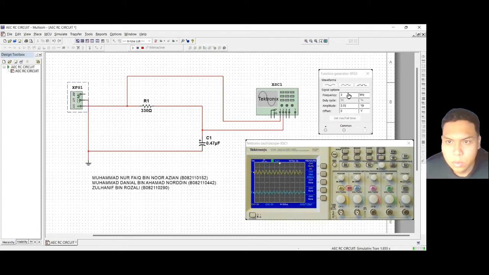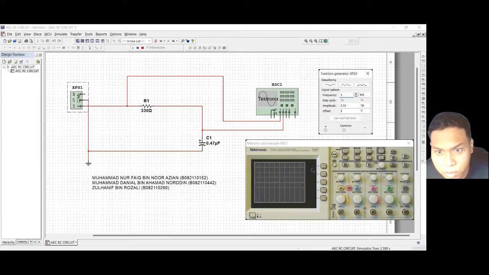Alright, so let's say I want to change the frequency to 1 kilohertz. As you can see here, channel 1, which is V in, is 3.96 volt peak to peak. This is not the value that we want. We want to adjust it until it stays at 4 volt peak to peak.